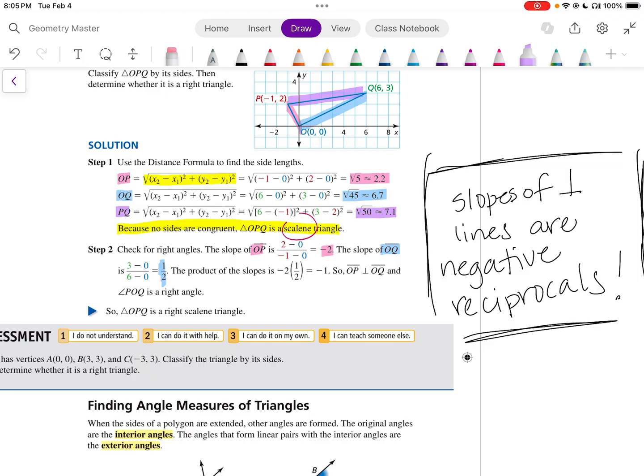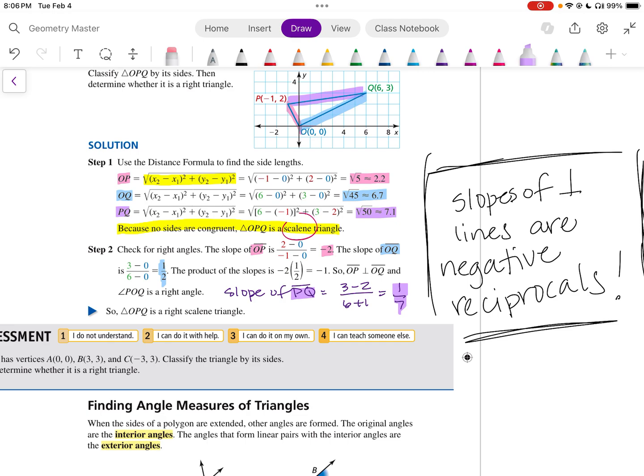But we could find the slope of line segment PQ, and that is 3 minus 2 over 6 plus 1, which is 1/7. I like to be thorough, especially on that first example, so that you can see all of them.